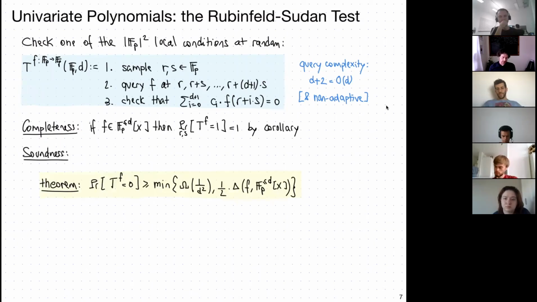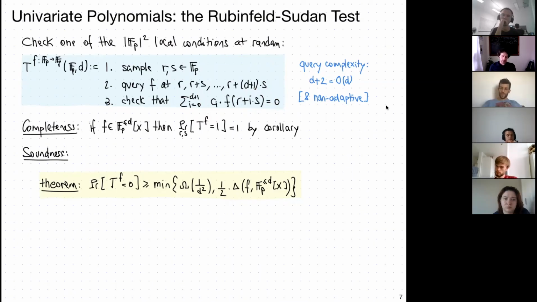Now, hopefully, when you see this theorem, it doesn't look as scary as it might have looked yesterday, because it is nearly exactly the same as what we had for linearity testing, right? We have this probability of our test rejecting. In the linearity setting, this meant how many triangles were bad. And in our setting, it means how many of these D-tuples of constraints are bad.